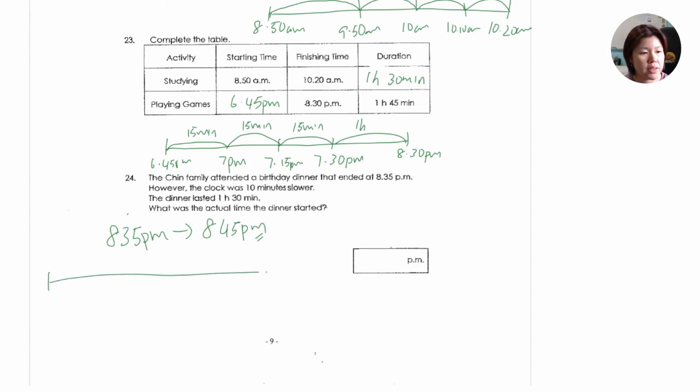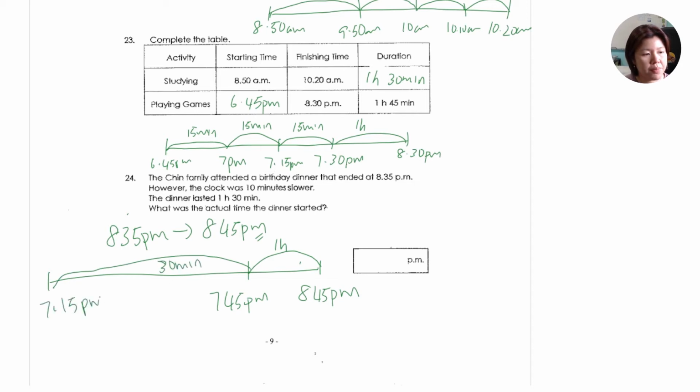So let's count back the time. One hour is 7:45 p.m. and 30 minutes all the way is 7:15 p.m. So the actual dinner starts at 7:15 p.m.